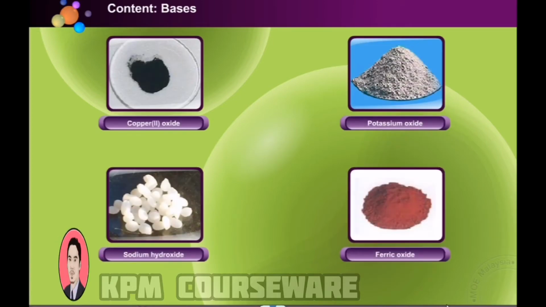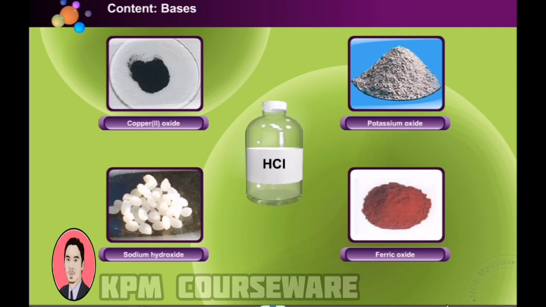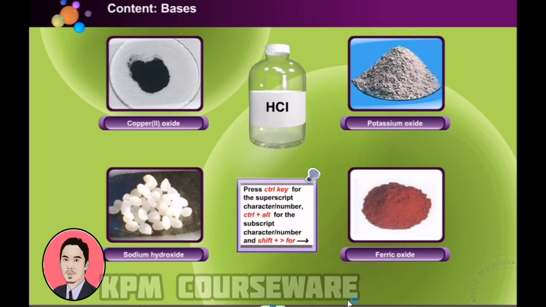Copper oxide, sodium hydroxide, potassium oxide, and ferric oxide are bases. What makes them bases? Let's write a chemical equation for the reaction between these substances and hydrochloric acid. Click on copper oxide and type in the chemical equation.